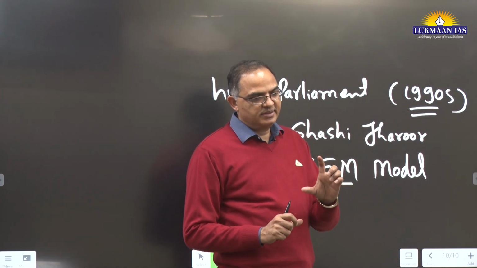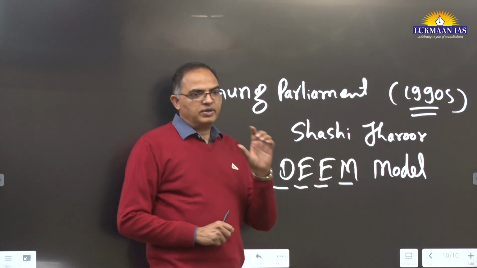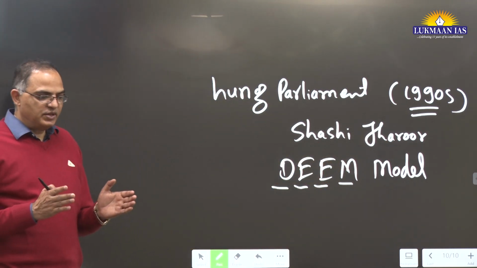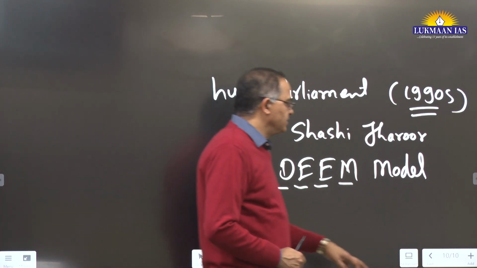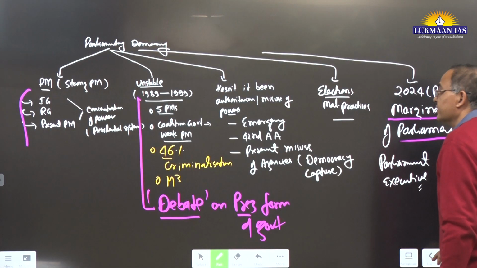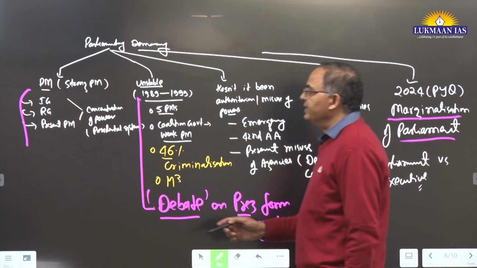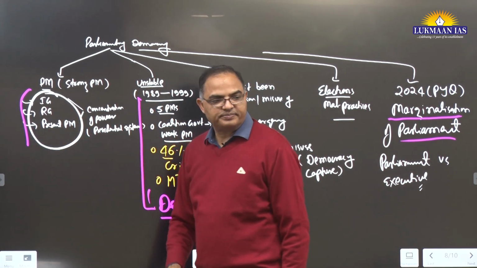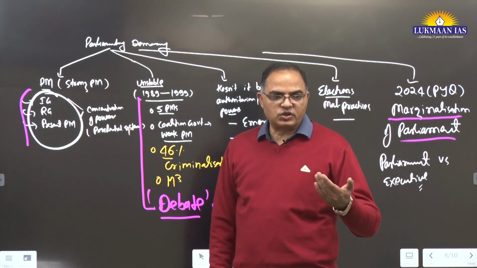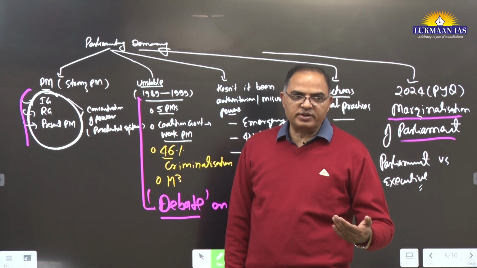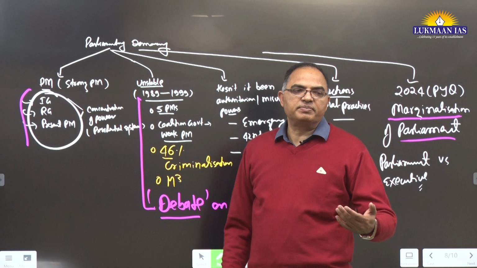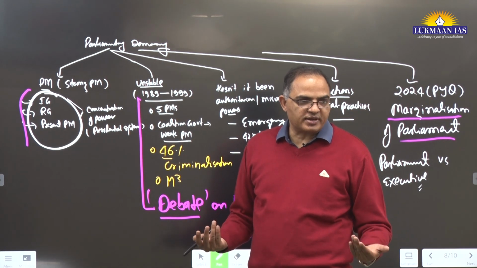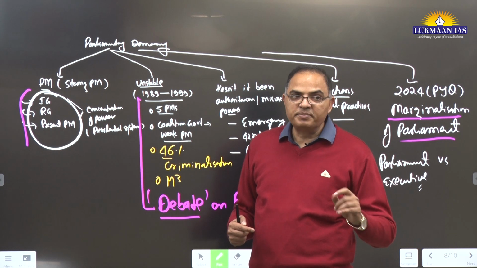Whenever you have a strong executive, it becomes prime ministerial or presidential type because of dominance of the prime minister.